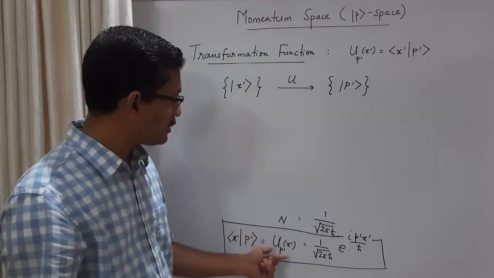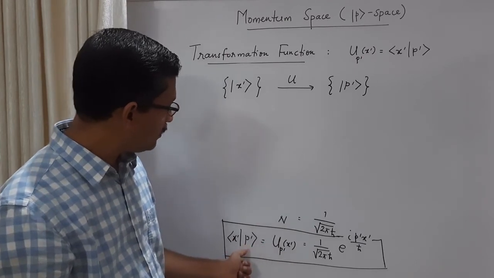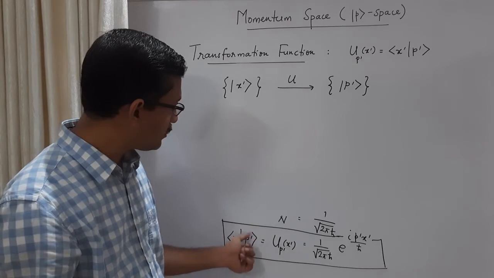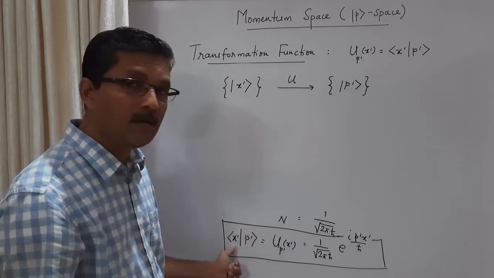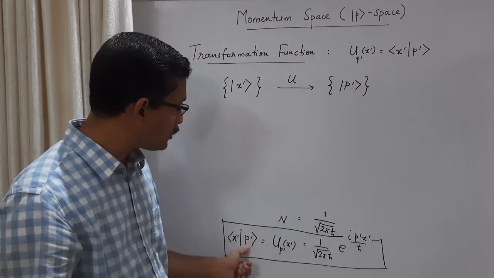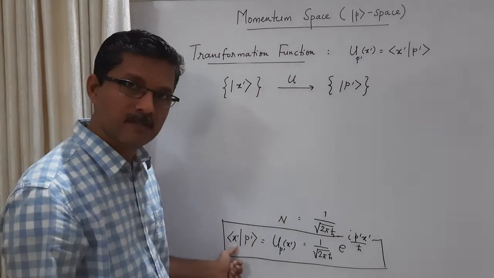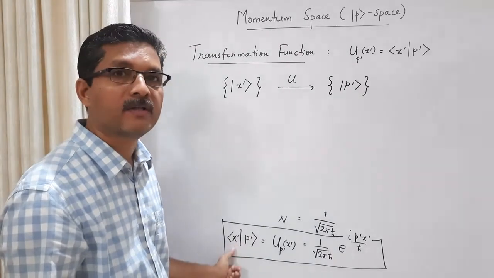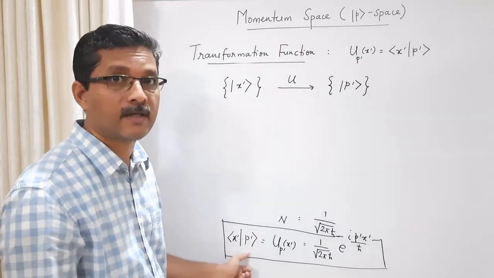Again, understand that another interpretation for the matrix element of this unitary operator is that it is the component of the eigenket of the momentum operator in the x basis. In other words, this can be called the wave function of the momentum operator in the x basis, or it can also be called the eigenfunction of the momentum operator in the x basis, because these wave functions are eigenfunctions.